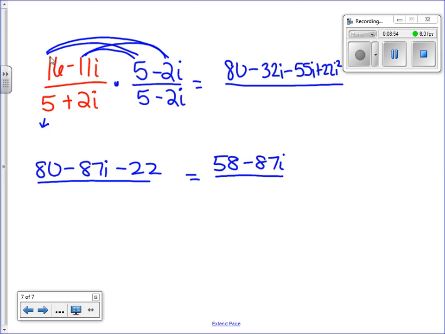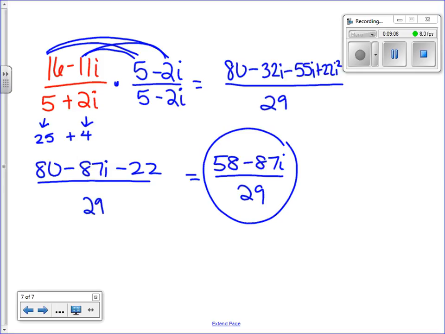What's 5 squared? What's 2 squared? What's 25 plus 4? There you go. That's not too bad, is it? No?